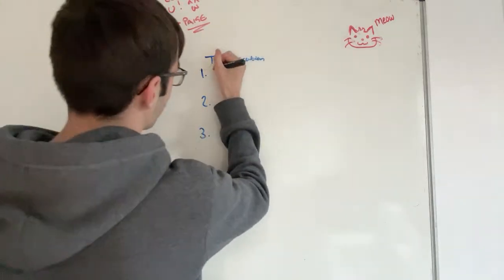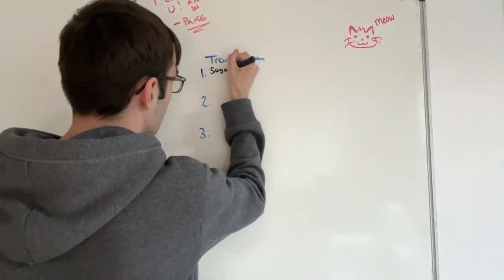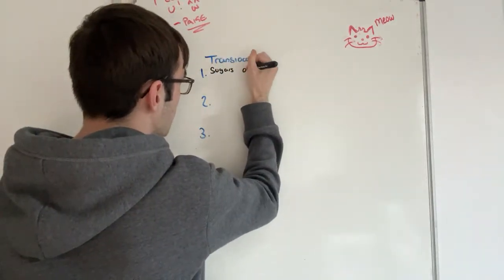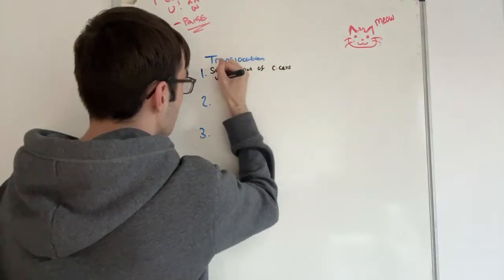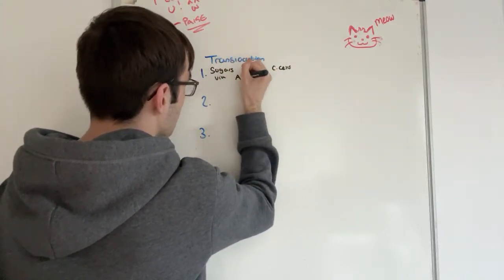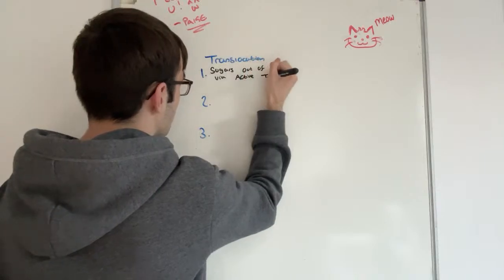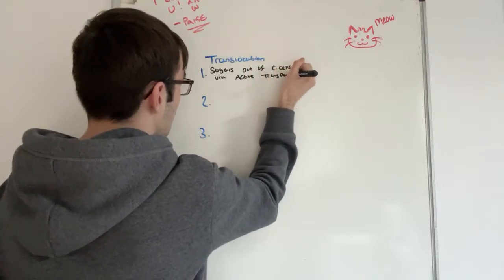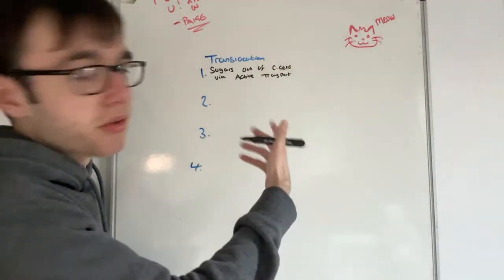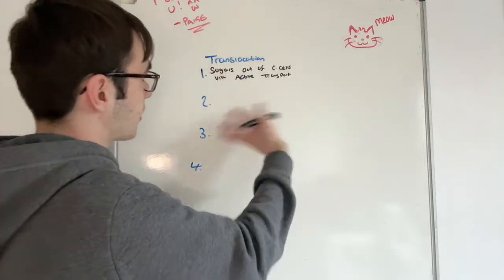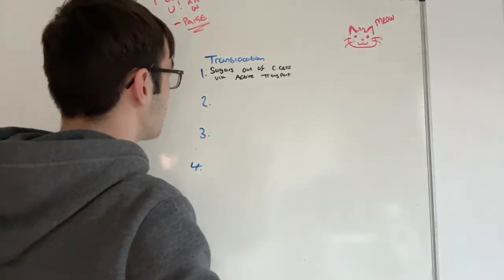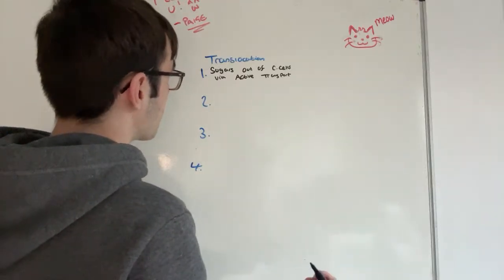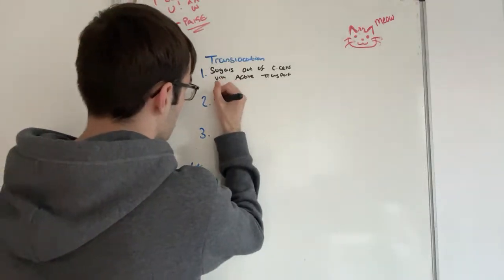Describing translocation. So the sugars are going to move out of the companion cells via active transport. I'm just abbreviating. Please don't do that in an exam. I abbreviate because it's a whiteboard and I can't be asked to write it all. So sugars move out of the companion cells via active transport.